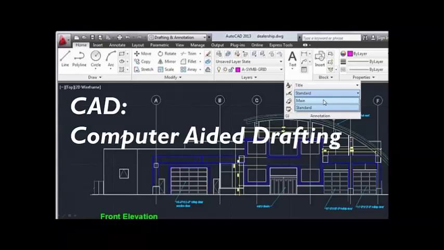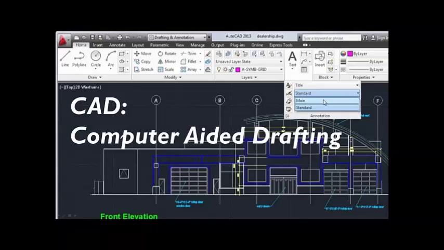Computer-aided design is often referred to as CAD, its shortened acronym, and this is much of what's used in the architectural industry to produce two-dimensional technical drawings, such as elevations and sections, plans, all kinds of two-dimensional drawings that we use for early design communication and also later technical communication with the contractor or even the engineers or subconsultants.